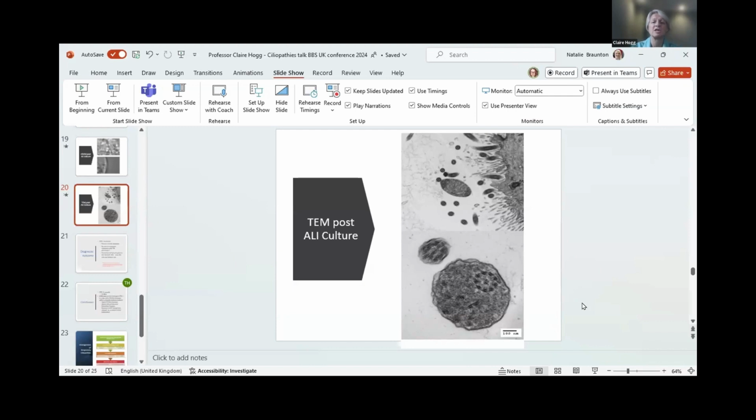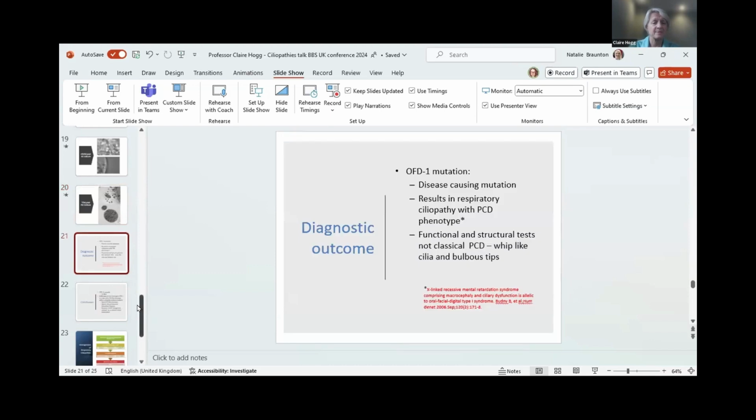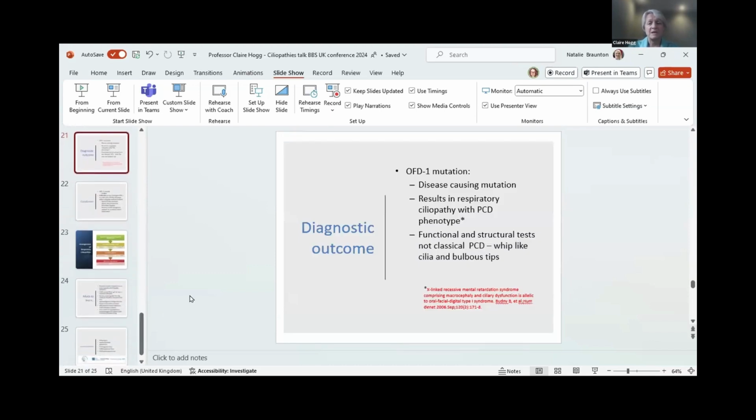So very dramatic changes. And when we see this, we would admit these patients into our PCD clinic, because the clinical presentation is very similar and they respond to the same sort of management, which I'll go on and describe briefly. So next slide, please. For this patient, we had an OFD1 mutation in a syndromic patient with a brain scan that would confirm that this is a case of Joubert's.